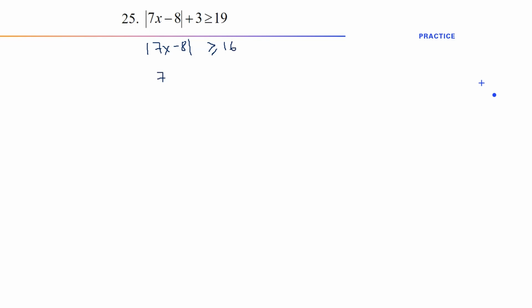Now we can solve for 7x minus 8 greater than or equal to 16, or less than or equal to -16.